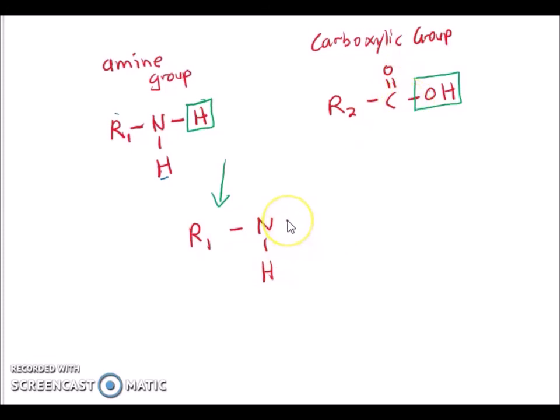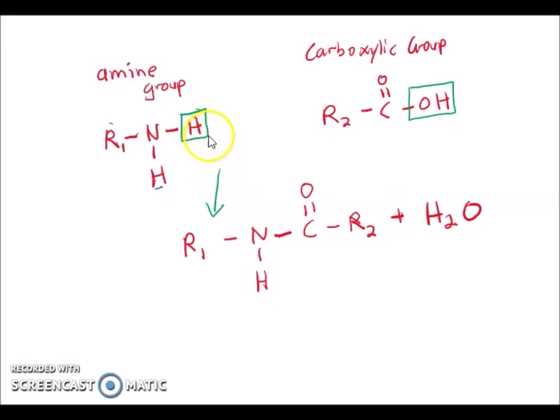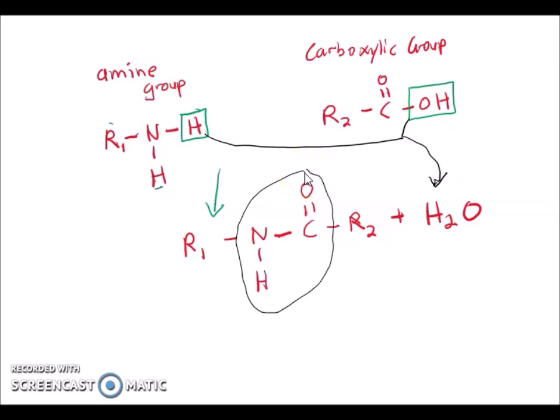So you have carbon double bond with O, and you have the R2. Both of these will combine to form water. This is another product of this process, and this is the amide linkage. This is the amide linkage, and they will continue.